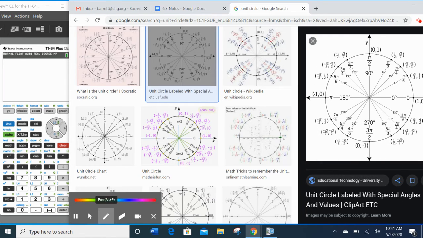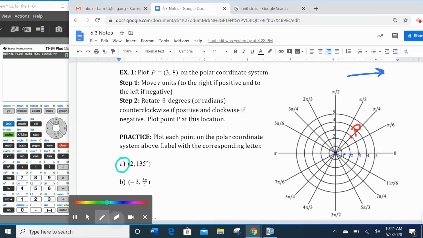So 135 degrees is right there. I'm going to go out 2 units, and then rotate 135 degrees, which is equivalent to 3pi/4. On the second ring, I construct the point on 135 degrees, and that is where point A is.